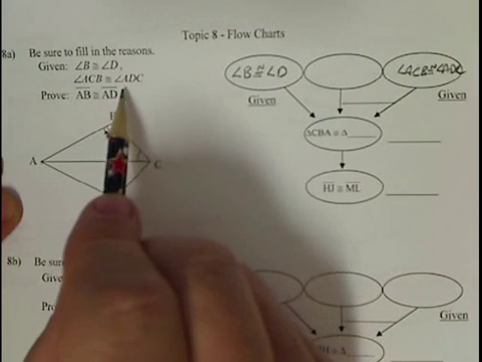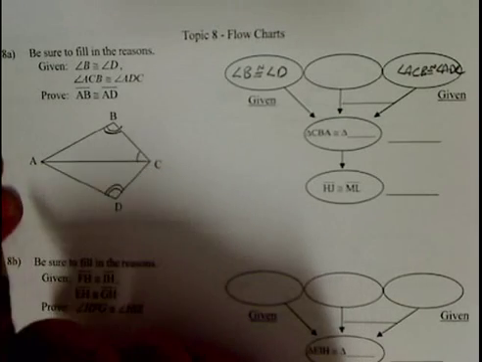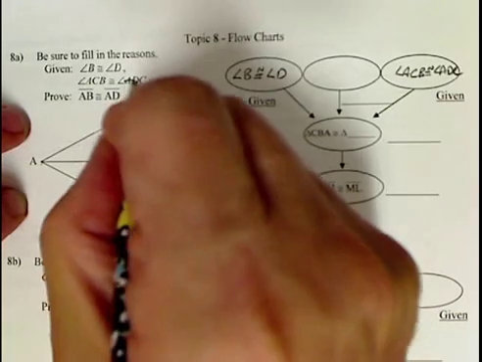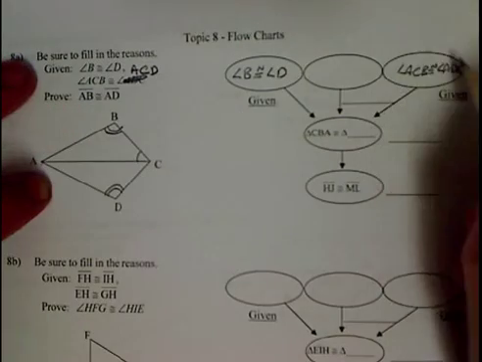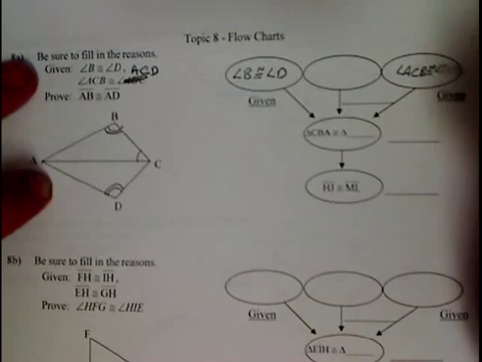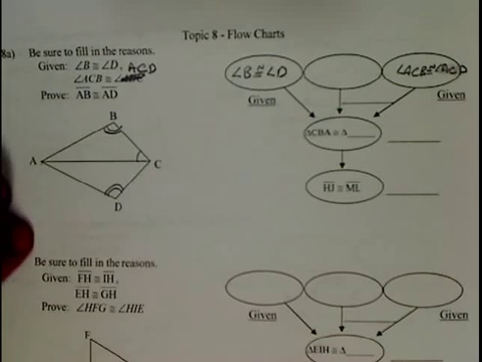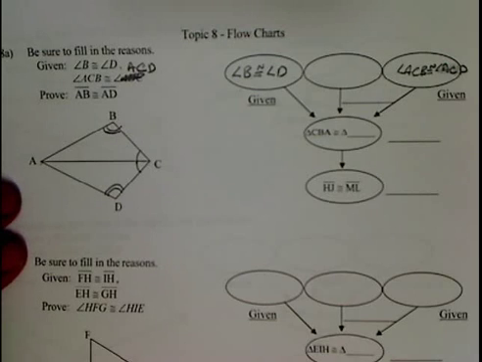So this one should have been ACD. This should be ACD. So make that fix. ACD. Didn't catch that. Okay, so let's fix that. ACD. Okay. So I've got those marked.